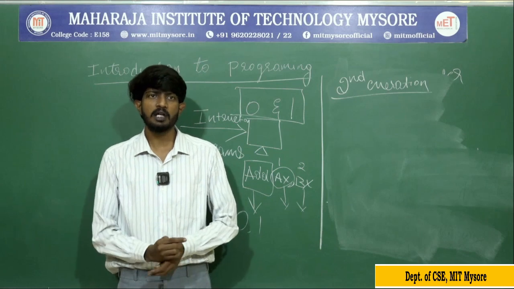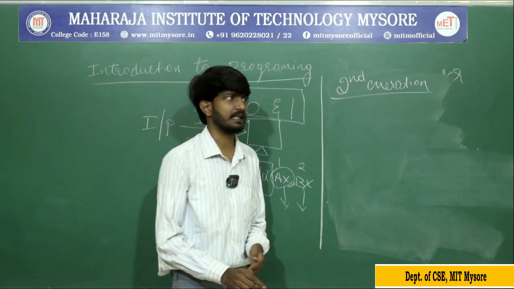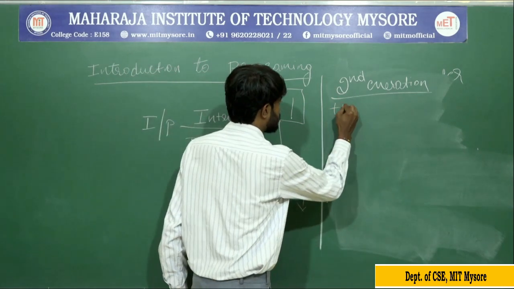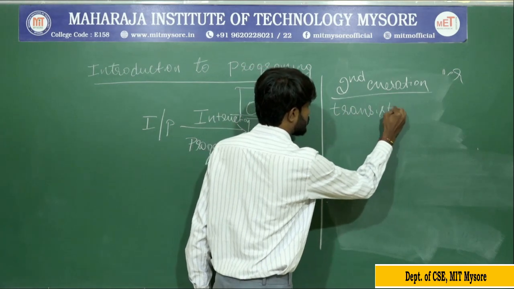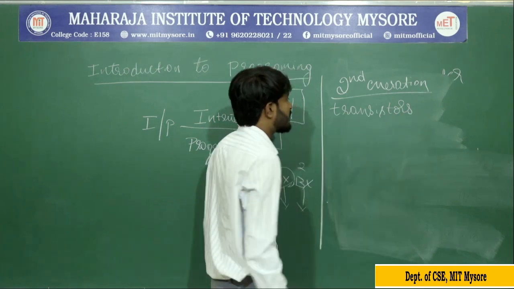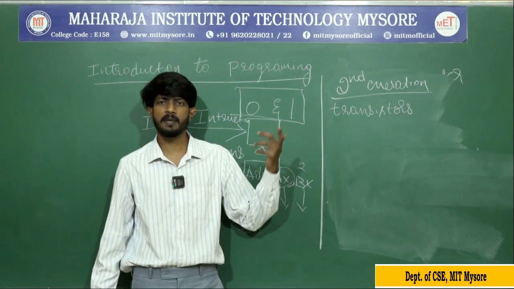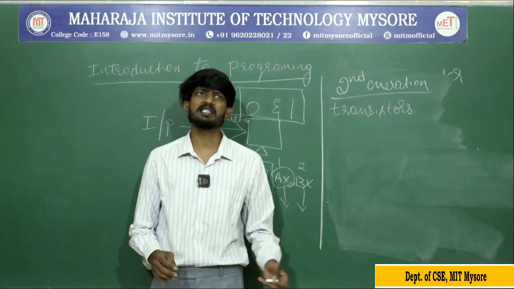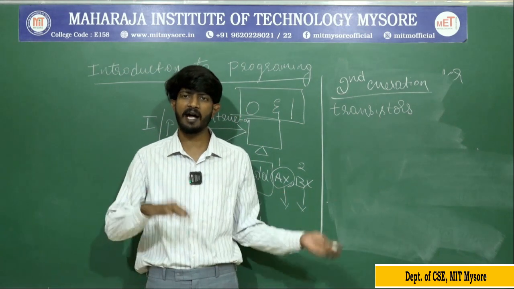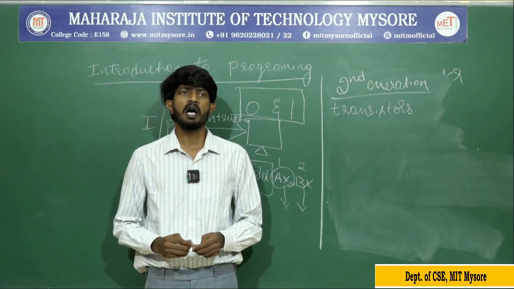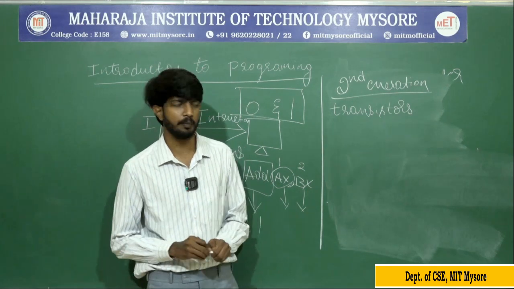Second generation computers are made up of transistors. So this hardware is made up of transistors. Transistors are cheaper, stronger and more reliable than the vacuum tubes, which were used as hardware in the first generation computer.